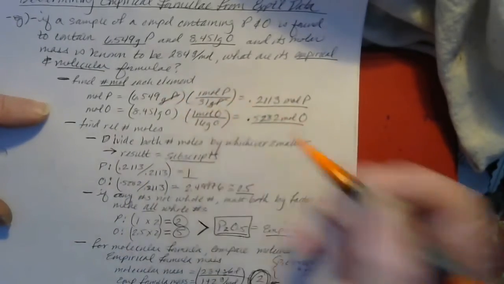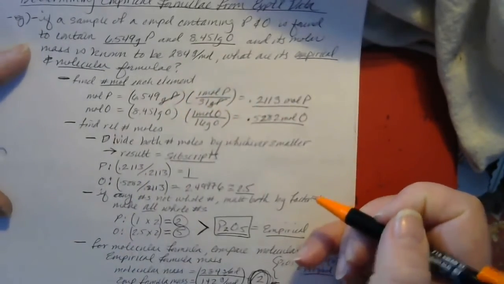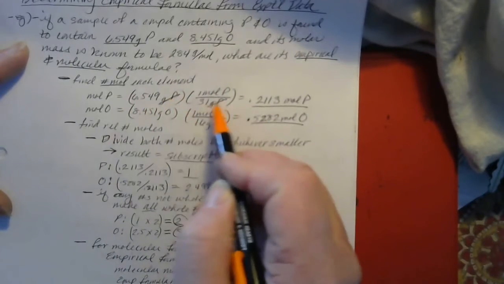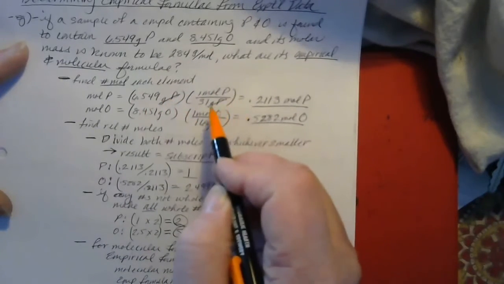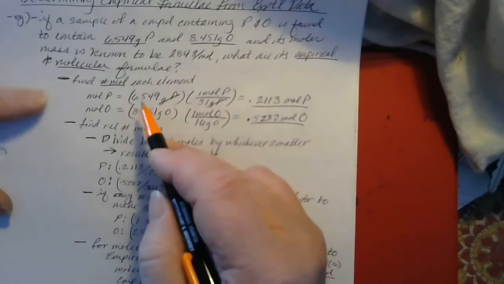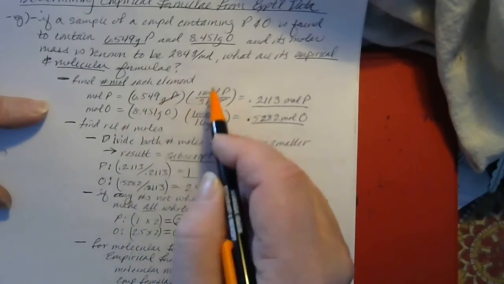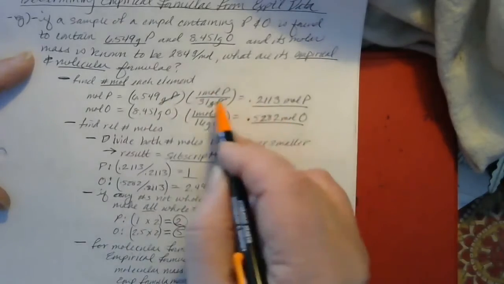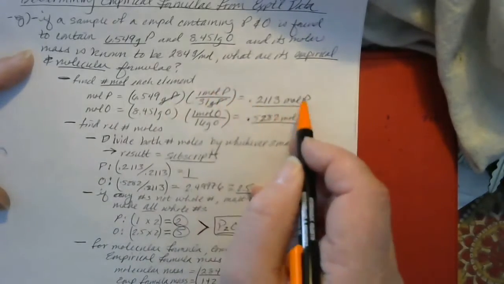So grams of phosphorus will cancel with grams of phosphorus because one is in the numerator and the other is in the denominator. So the units cancel and you end up with 6.549 divided by 31, which is 0.2113, and the unit would be moles of phosphorus.